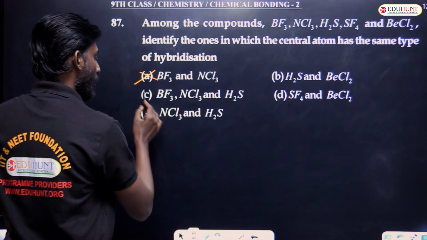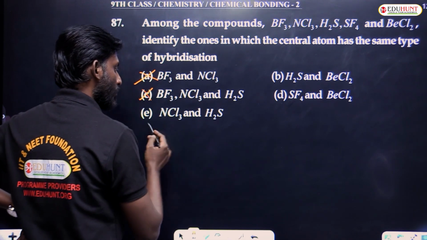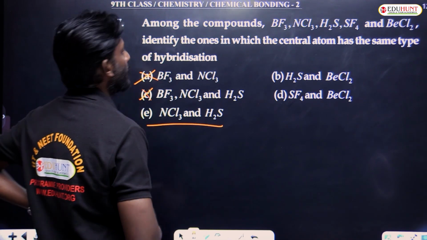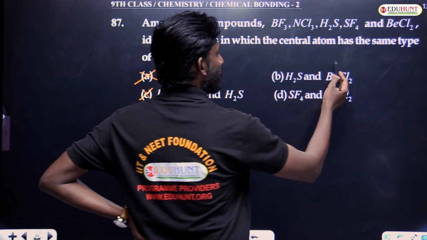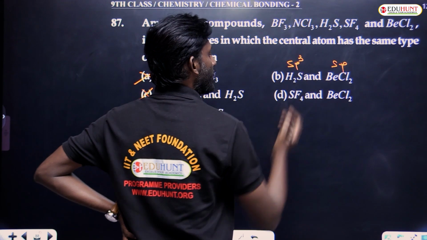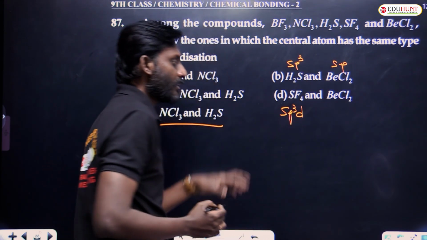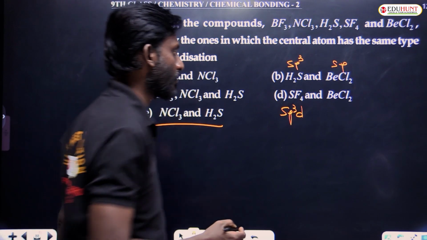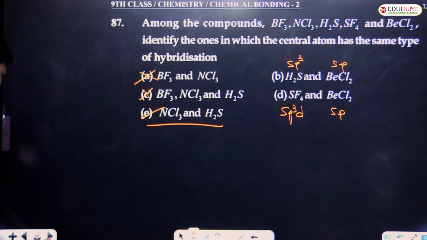Again, BF3, not our answer. These are both sp3. Beryllium is having sp hybridization. This is sp3. And this is the sp3d hybridization we already did for a previous question. This is sp. So our answer is E option.